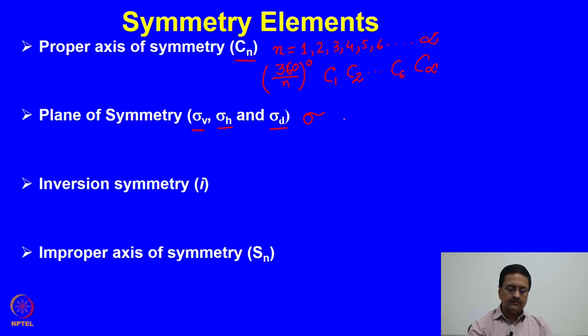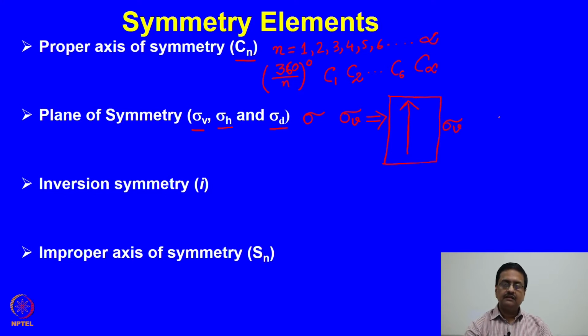So, when we talk about sigma v, we should understand that if the axis of symmetry is on the plane of this projection and the mirror plane that we are talking about is in the same plane of projection, then we call it sigma v.